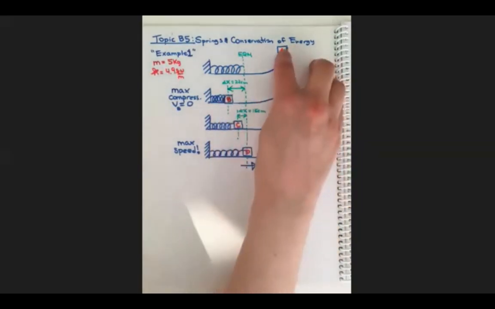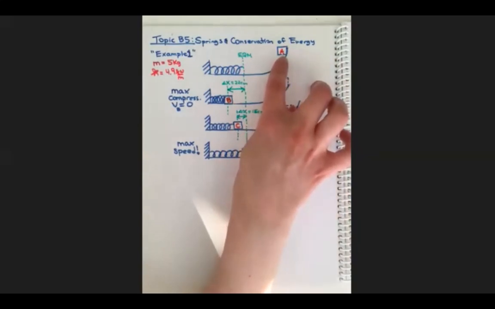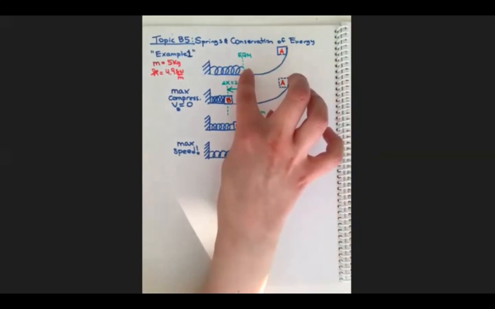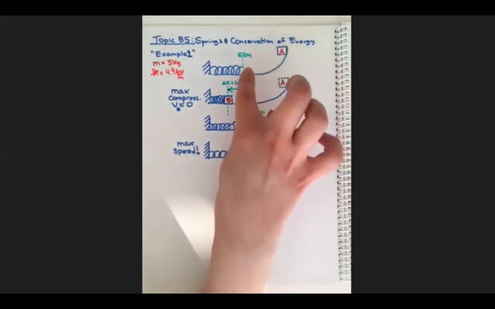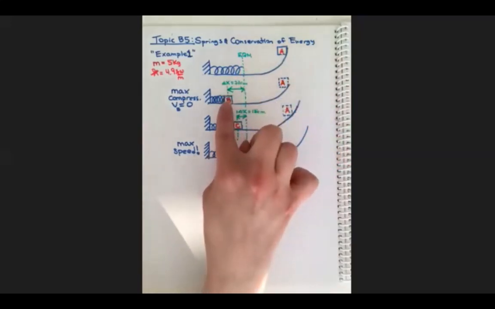From point A to the equilibrium point, we've got gravitational potential energy turning into kinetic energy, just like in grade 11 problems or problems that you saw from lesson 3. But instead of all that gravitational potential energy converting to kinetic, it's actually all going to convert to elastic potential at the maximum compression.